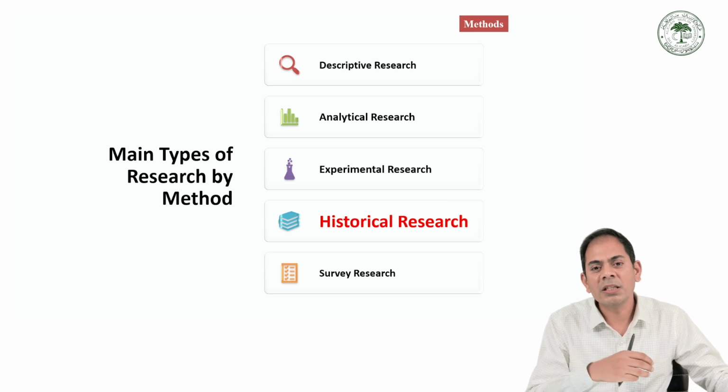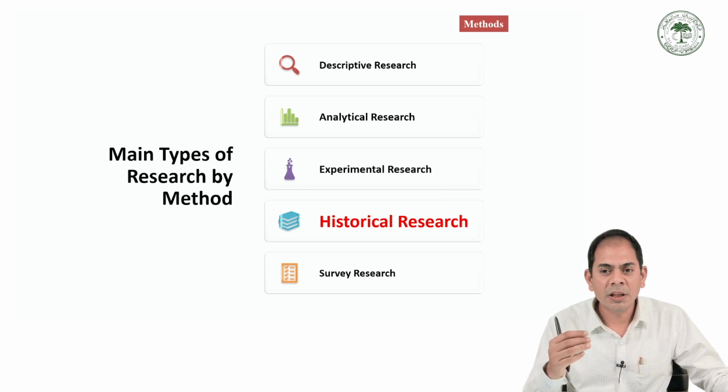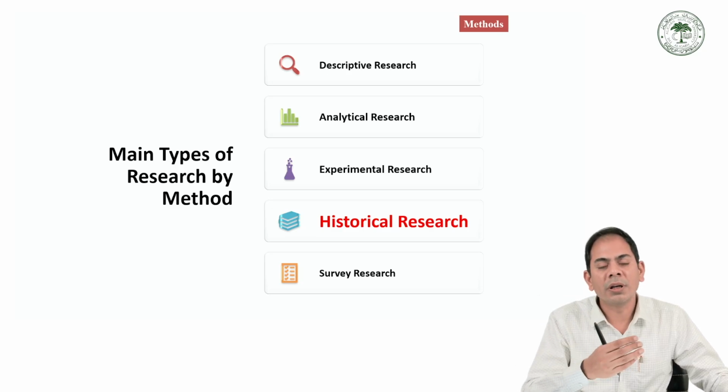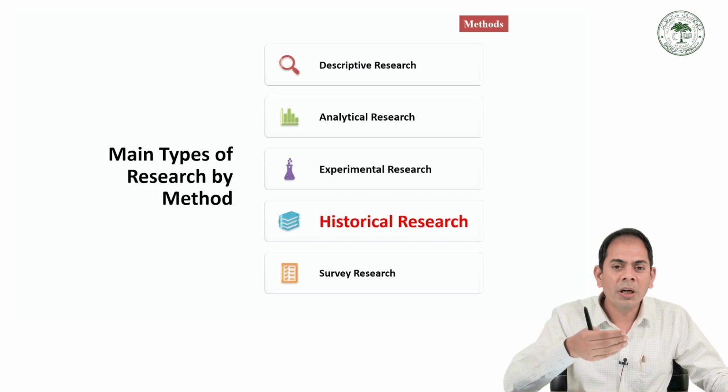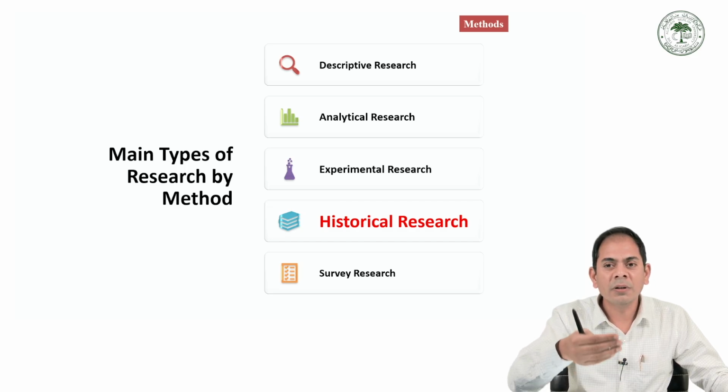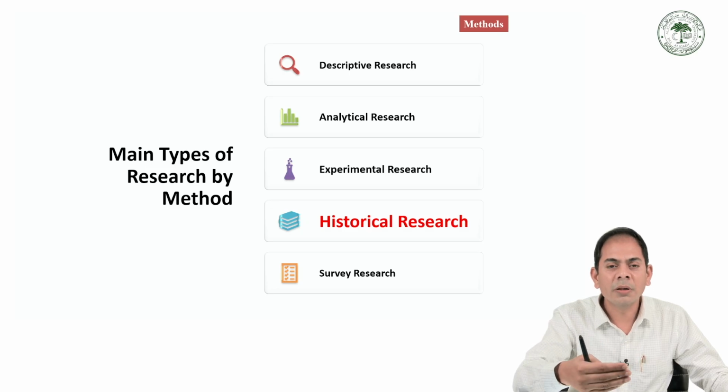For example, if a researcher studies the development of physical education in India after independence, it is called historical research. From independence to date, what kind of events were recorded, and on the basis of available evidence and records, we conduct the historical research.